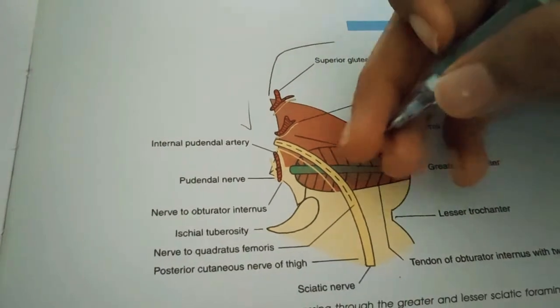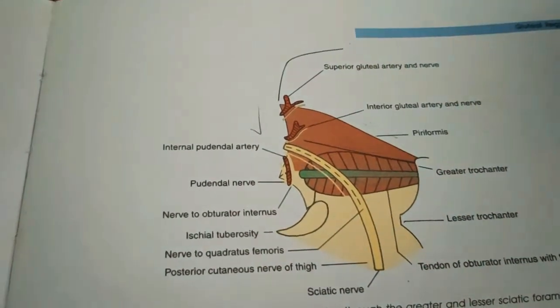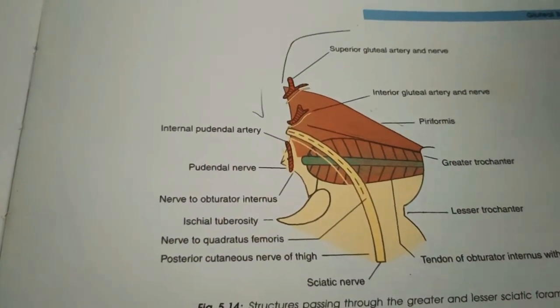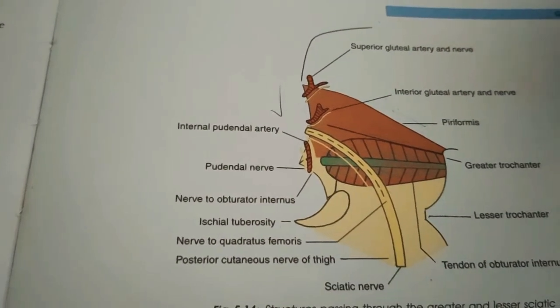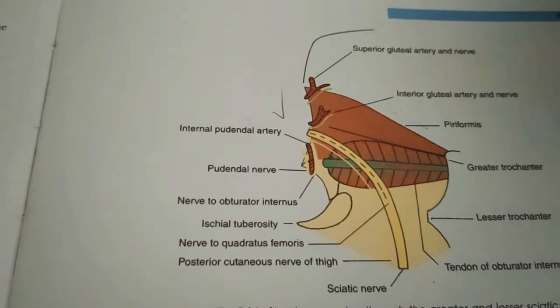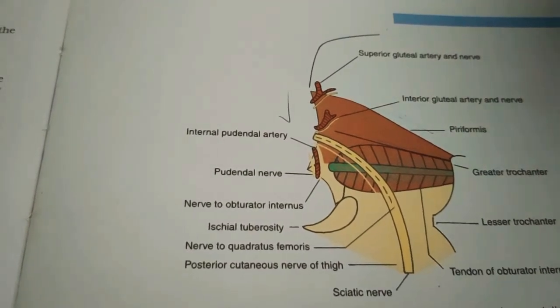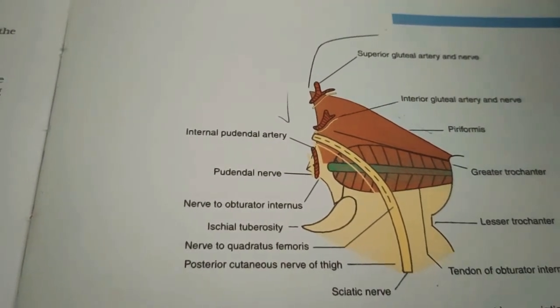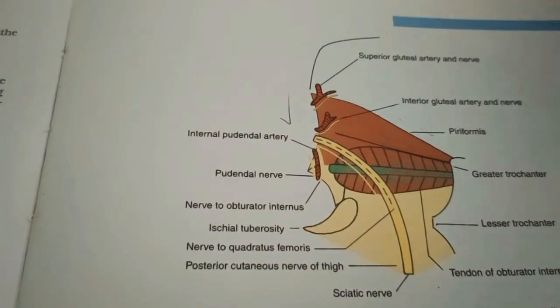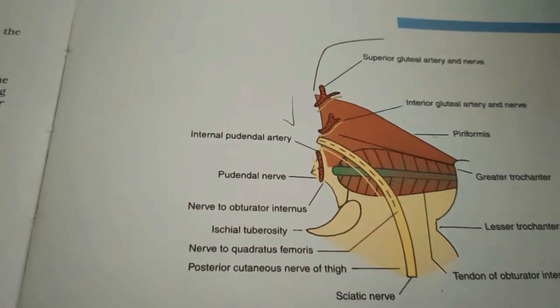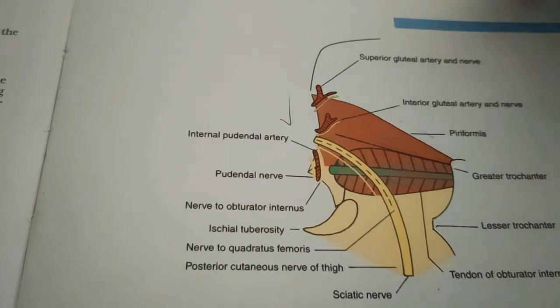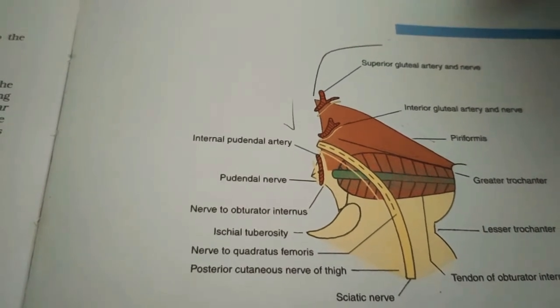Next let us discuss the structures passing by the lesser sciatic foramen. Actually, in the lesser sciatic foramen there is the tendon of obturator internus, pudendal nerve, pudendal vessels, and nerve to obturator internus. This is very important. And the upper and lower parts of the foramen are filled by the origins of the two gemelli, that is the superior and inferior gemellus.